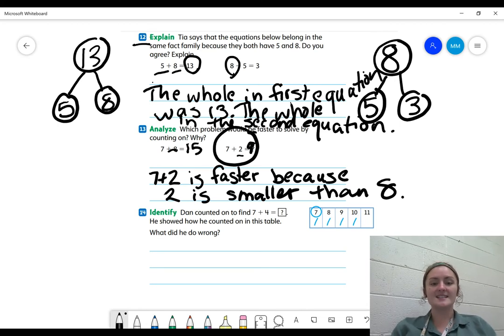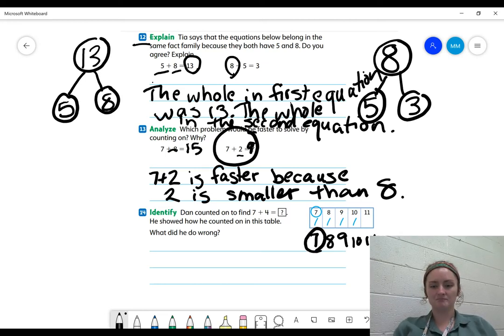And here's our last one. It says, Dan counted on to find 7 plus 4 equals blank. He showed how he counted on in this table. What did he do wrong? Ooh, so I'm going to draw the same table as Dan, 9, 10, 11. And we know that our first part is 7.